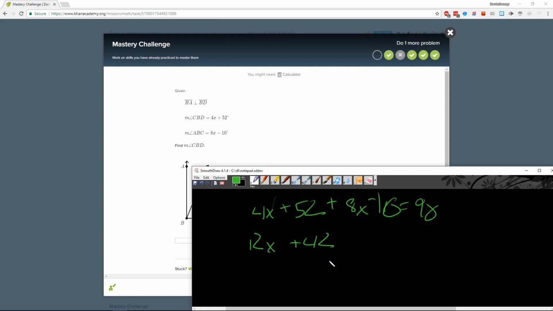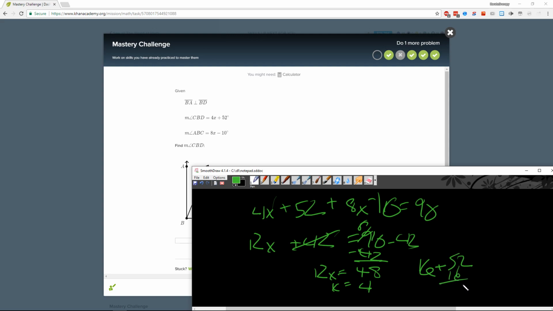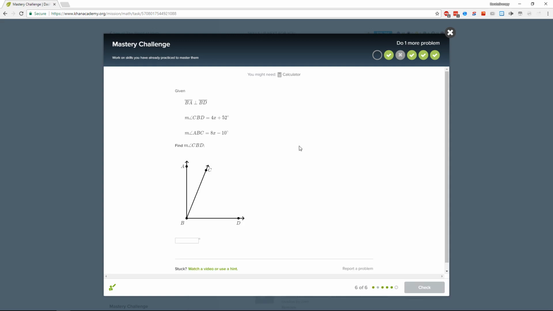Subtract 42 from both sides: 12x equals 90 minus 42, which is 48. 12x equals 48, x equals 4. And so that's 16 plus 52, which is 68.